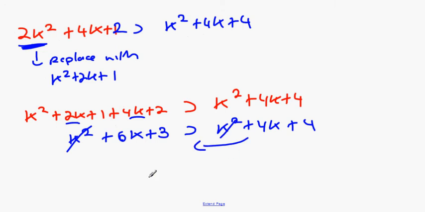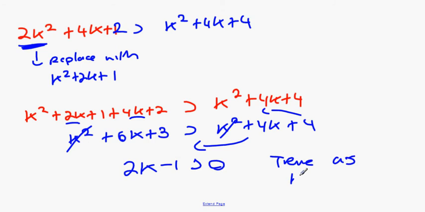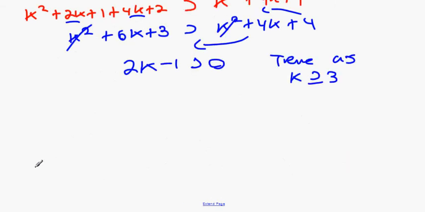Bring the 4k over to the other side, we get 2k, bring the 4 over, we get 2k minus 1 is greater than 0. Now this is true as k is greater than or equal to 3. So this is going to be true for P of k plus 1.